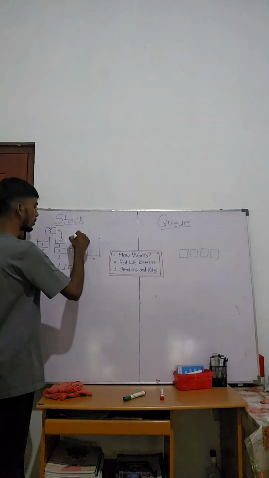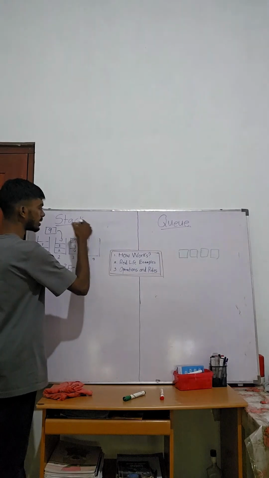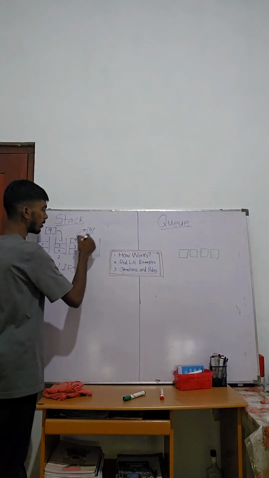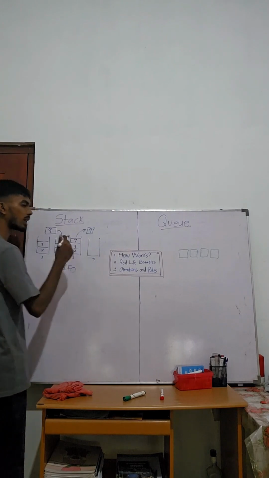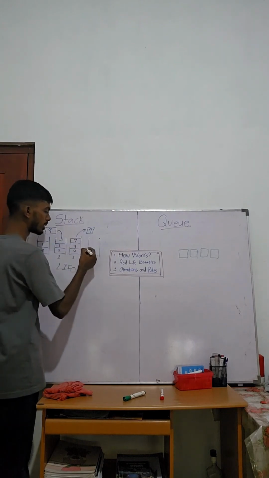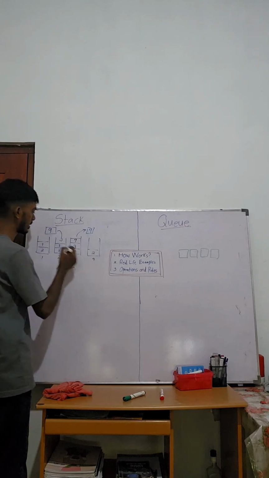After that I remove the last element I inserted, which is number 9, so we have 2 and 3. Then I pop the last element from the stack again, and now I have only 2.